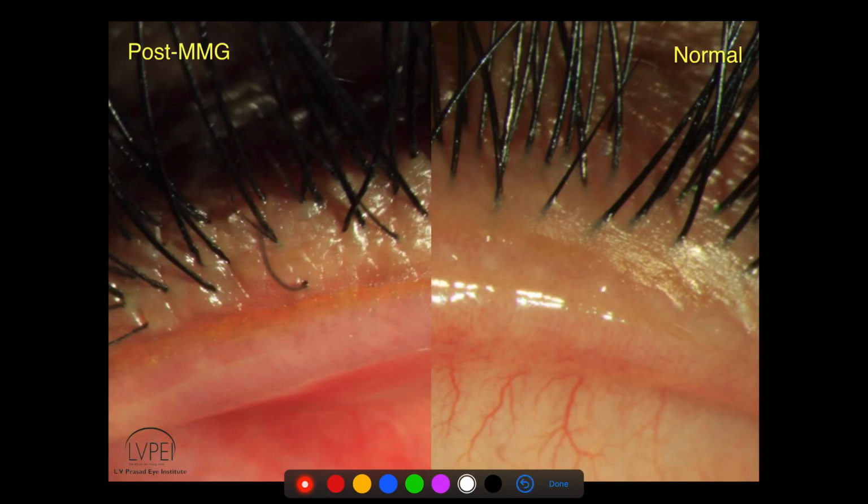But I have just kept this photograph to show you how beautiful both anatomically and functionally the outcomes of this surgery can be if you learn how to do it correctly. And this fixes a very, very important problem, and therefore you can completely prevent keratopathy due to lid margin keratinization from developing or progressing in patients who have this problem.